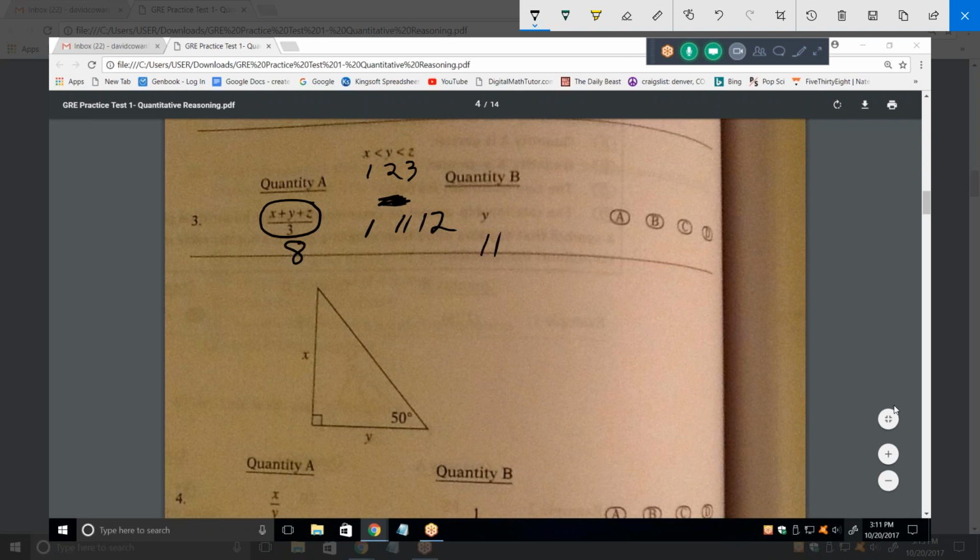We are done with the problem. We can answer D and go on. We don't have to go back and also prove that we can find a situation where the average is greater than 1. In other words, once you've proved that they can be equal and that they cannot be equal, you're done with that problem. Okay.